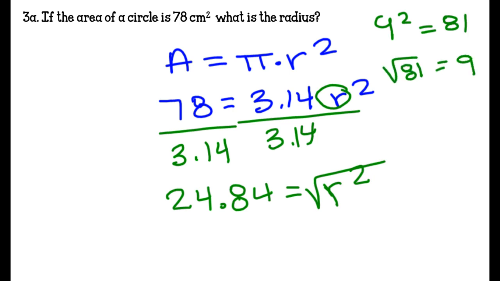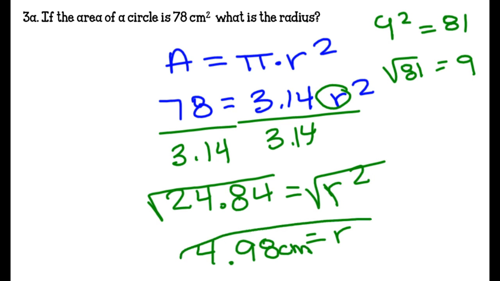So it's the opposite operation. So I'm going to do it to the 24.84 so that I have r completely by itself. So I take the square root of 24.84. And when I do that, I get 4.98 centimeters. And that's my radius.